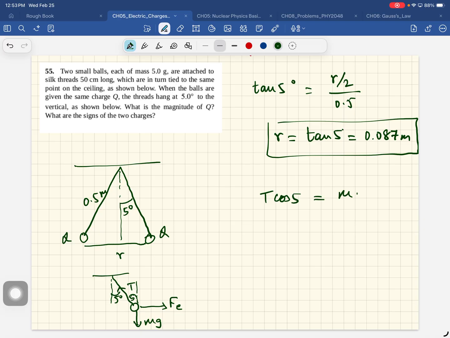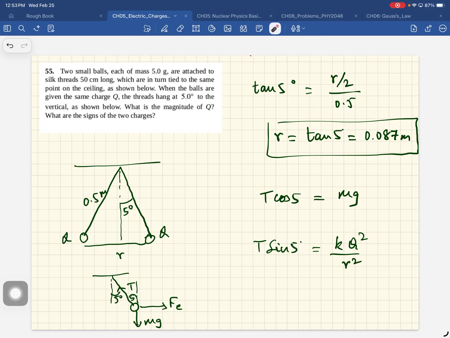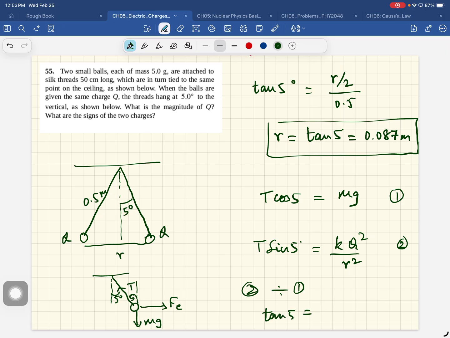So Q squared is mg R squared tan phi divided by k. Now we can put in the values.